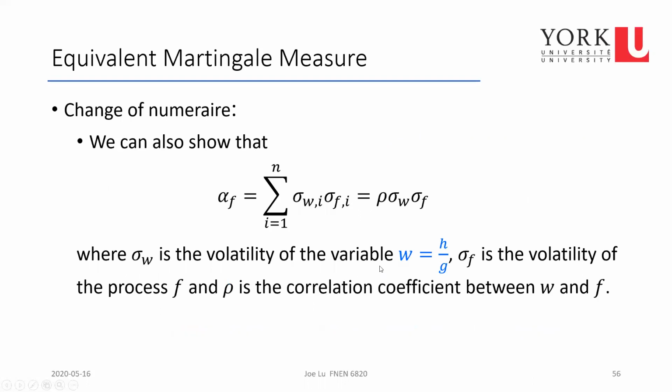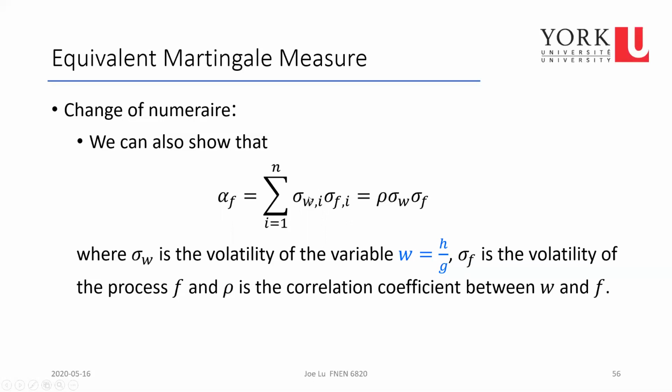Now to get rid of that, we have a condition that this summation is just the product rho times sigma W times sigma F. Now this sigma W is the entire volatility for the process W, not for each of the individual factors here. We'll see some examples later on.